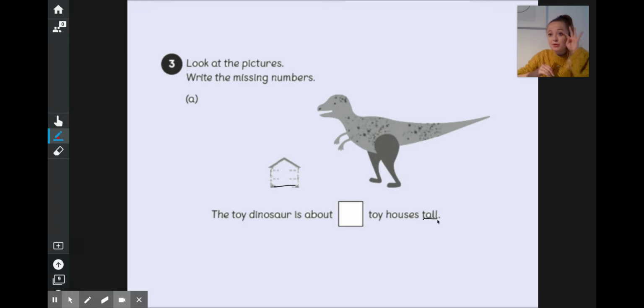You're constantly thinking carefully, reading the questions. Is it looking for length or height in this one? And now, if we're looking for height, we haven't got the houses going all the way up to the top of the dinosaur here. So maybe you could draw some more, or you can have a look. You can make a prediction, a sensible guess for how tall you think it is. And there are a few questions to solve like that.